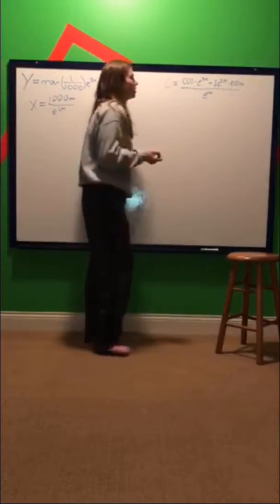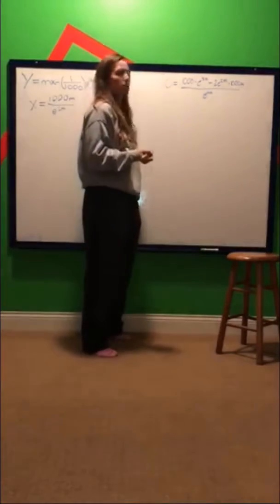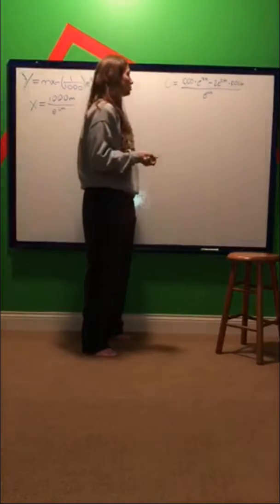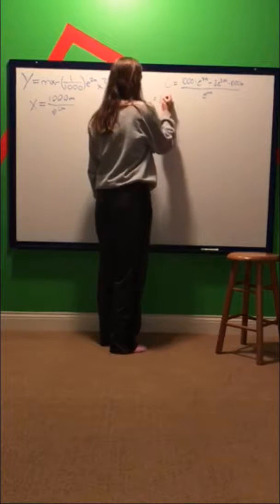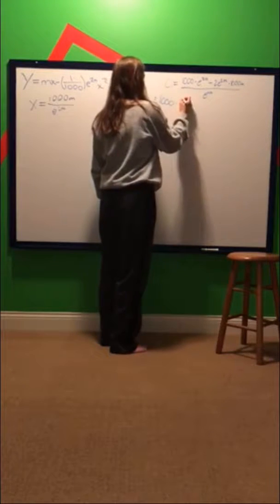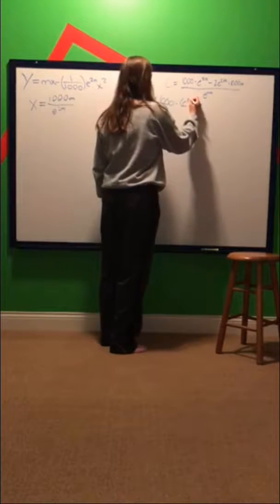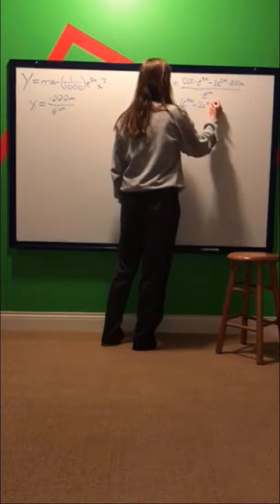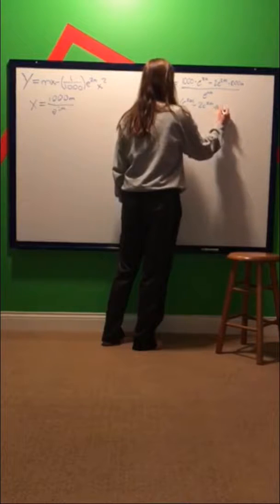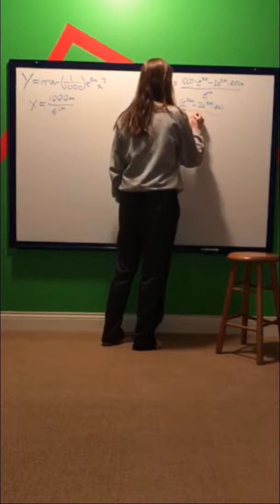After you do this, you need to solve for m to find the slope. You will do that by first factoring out the 1,000. So you have 1,000 times e to the 2m minus 2e to the 2m times m over e to the 4m.